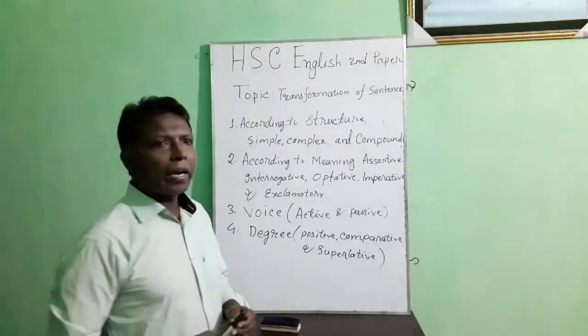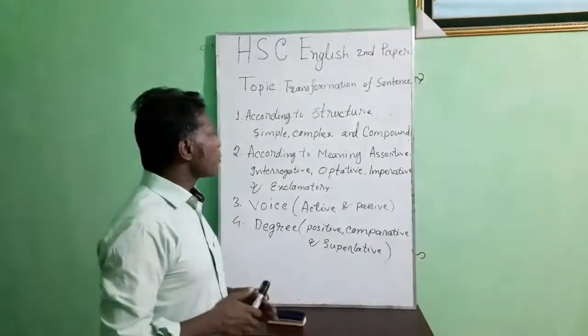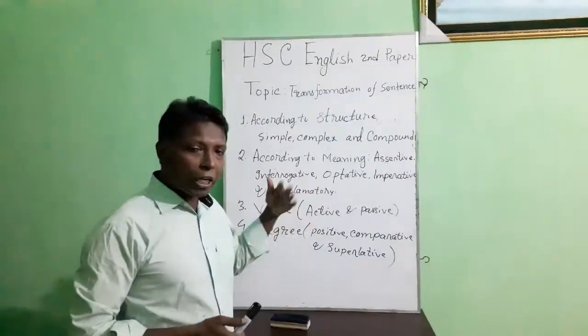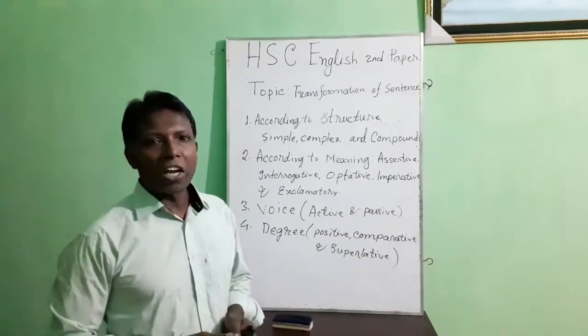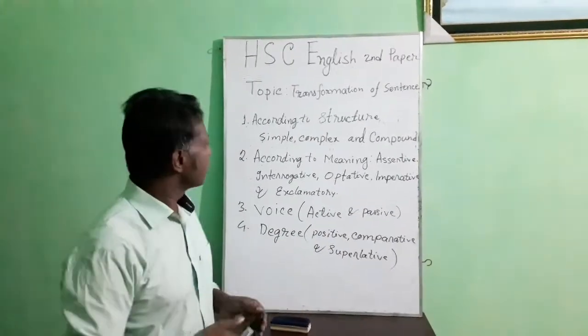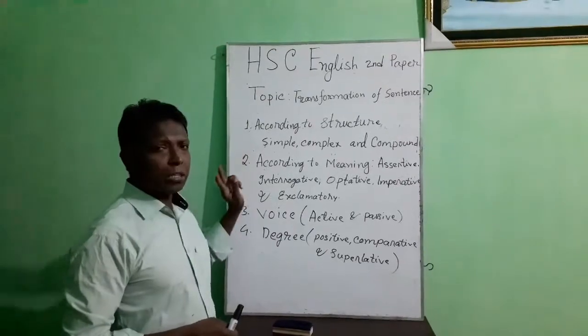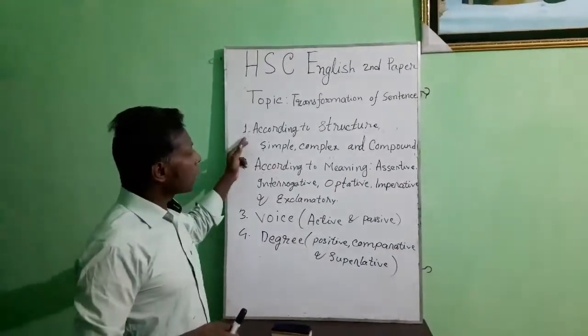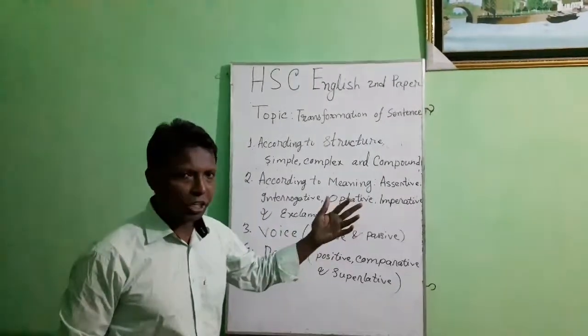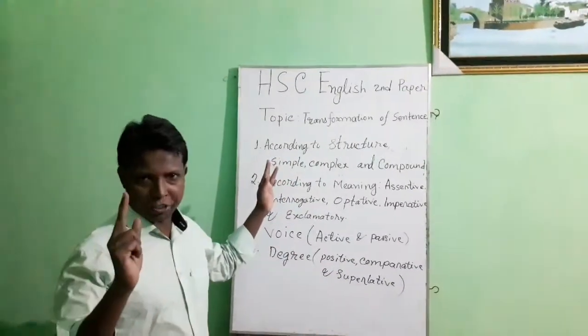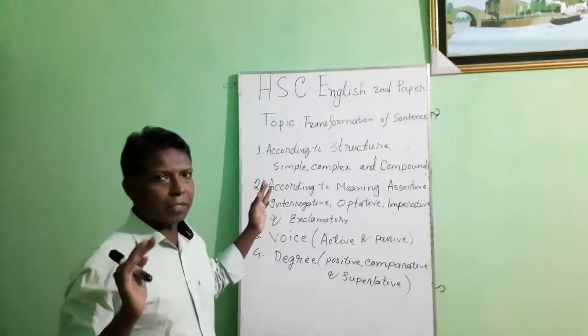Here I want to say something about the question pattern that will be given in your final examination and your internal examination in your college. For example, we will have question 2 from according to structure, simple to complex, complex to compound, and vice versa. From here you will have 2 questions in your every examination.